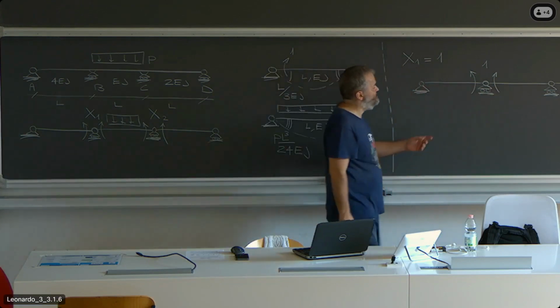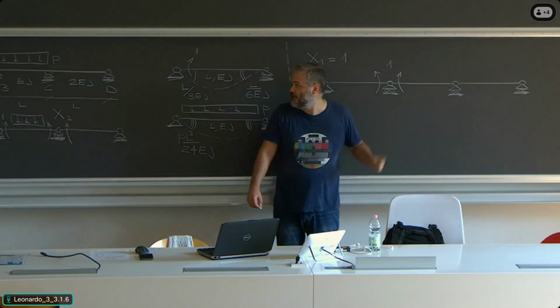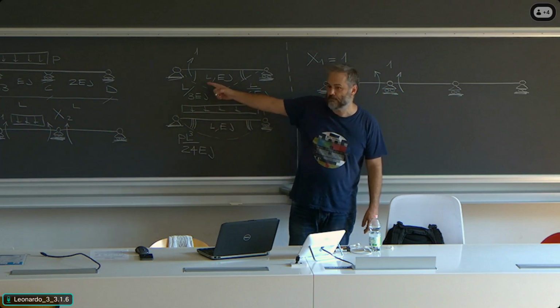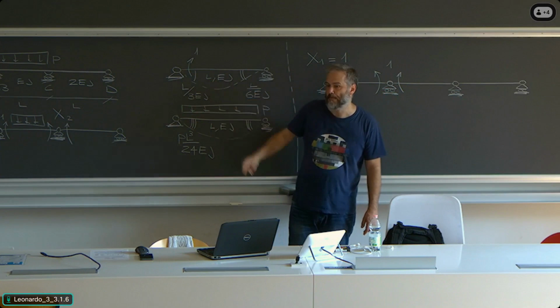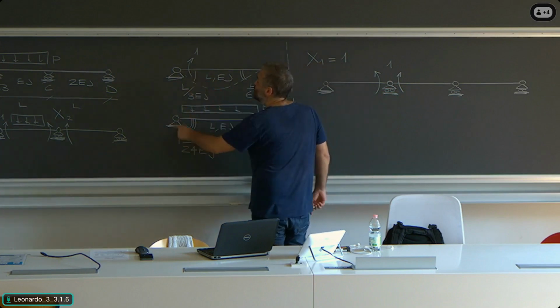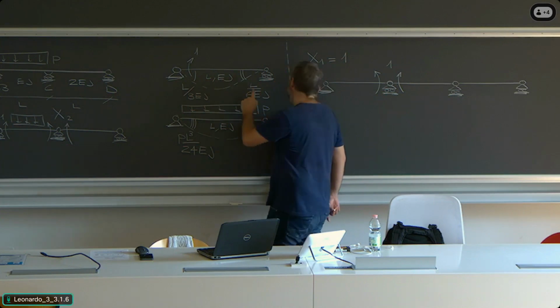When we look at the effects, since there is a unit moment applied, we look at them only by means of the first coefficient, which is here. Okay? So, in the standard case, when a unit moment is applied, the loaded end will rotate by L divided by 3EJ. The other end will rotate by L over 6EJ.